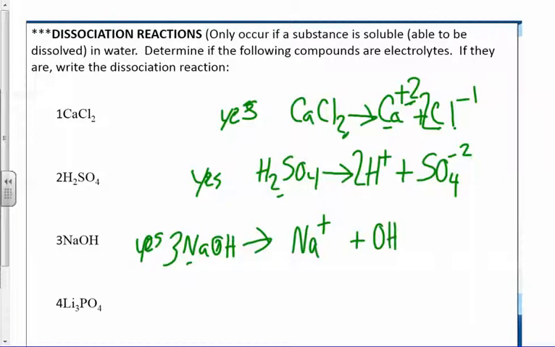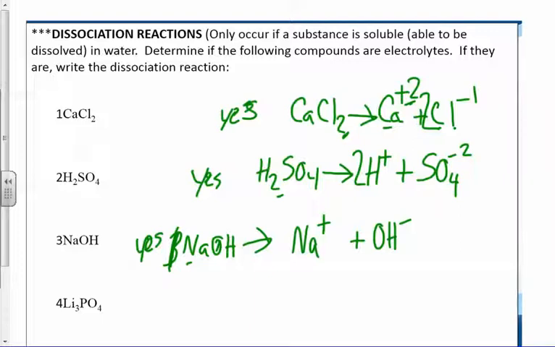We're going to write OH minus, which is the charge on hydroxide. Let's not put the coefficient right there, okay? Because that's not in your notes anyway. All right, so that's how these break down, and those are dissociation reactions.